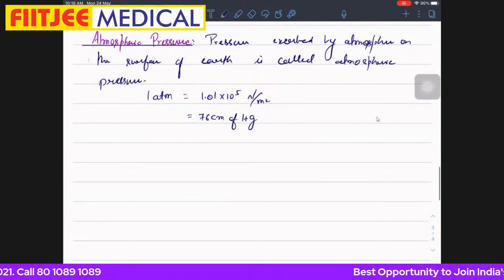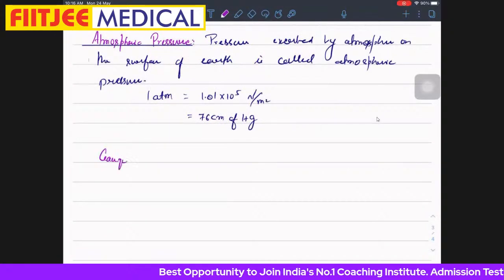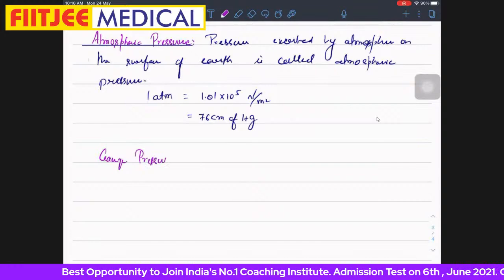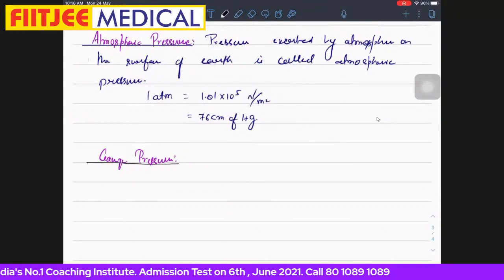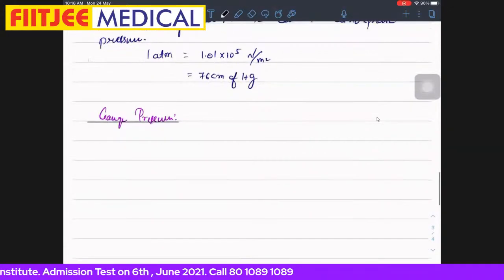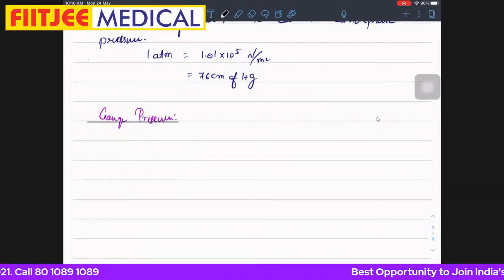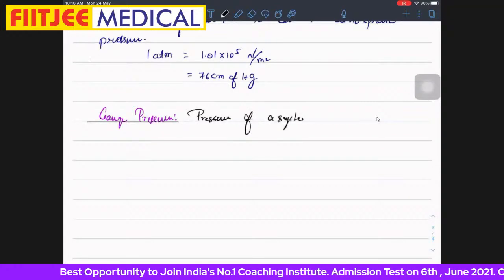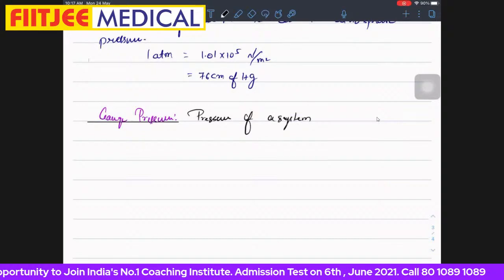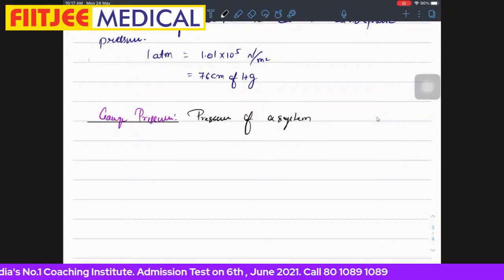Now, after atmospheric pressure, the second one we have defined is gauge pressure. What is gauge pressure? When we calculate the pressure of a system by excluding the atmospheric pressure, that pressure is called gauge pressure.